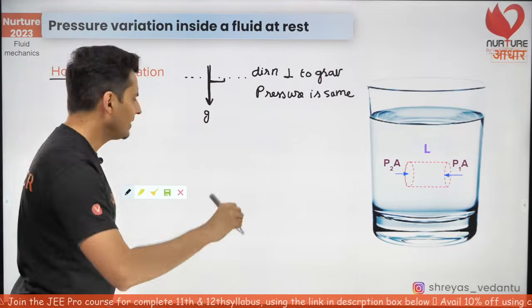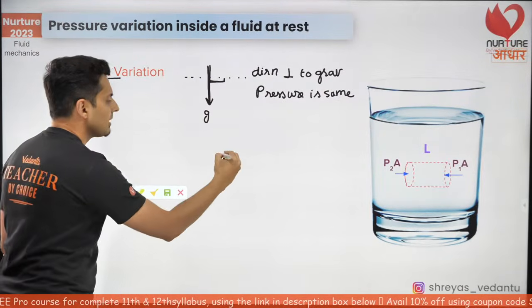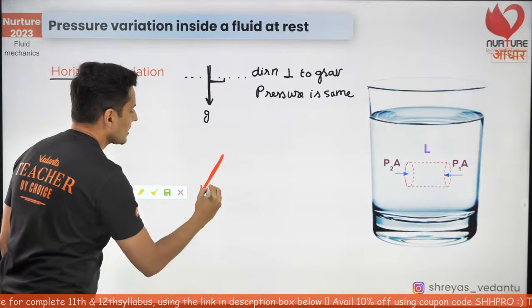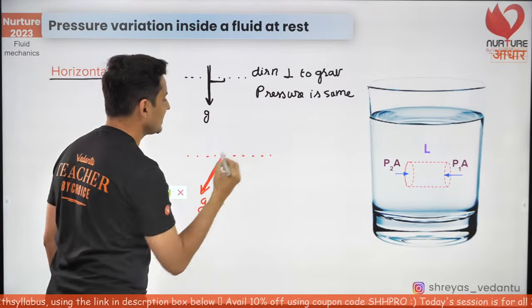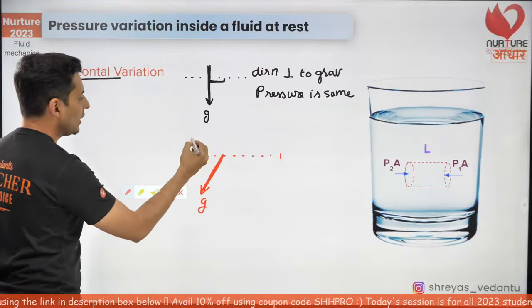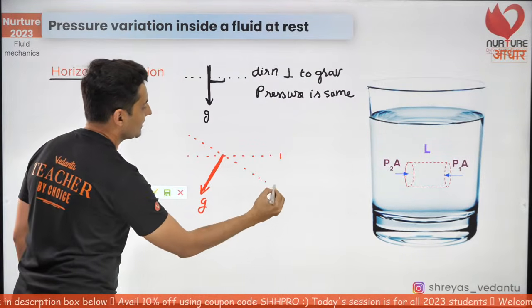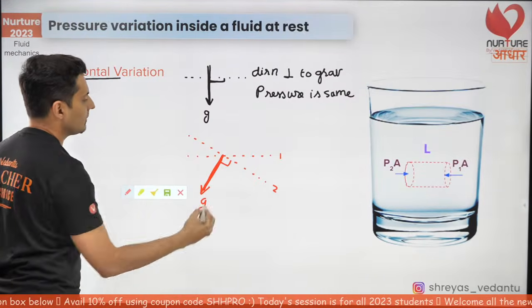So just imagine, for some reason, gravity is at an angle. Do you think the pressure will be the same along this line, line number 1, or along this line, line number 2, which is perpendicular?